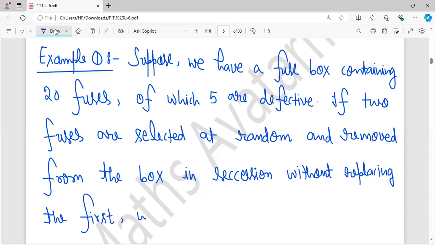what is the probability that both fuses are defective?